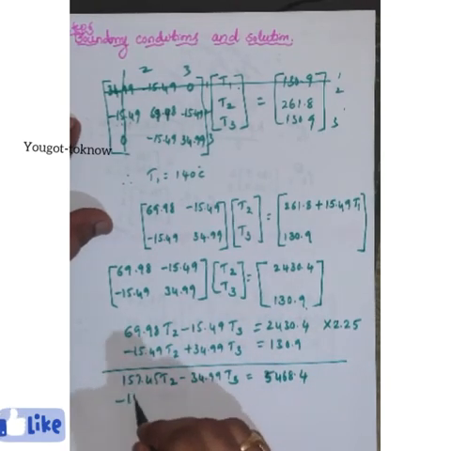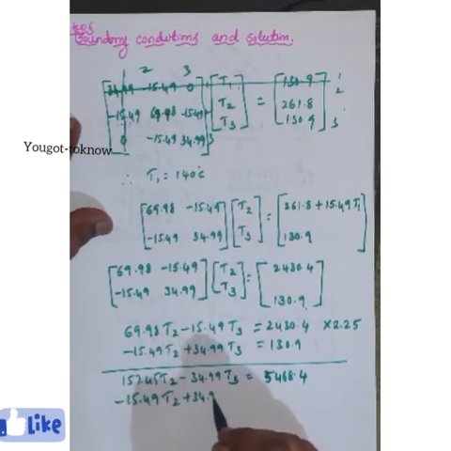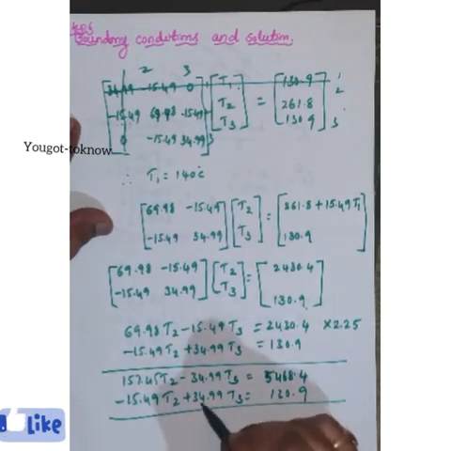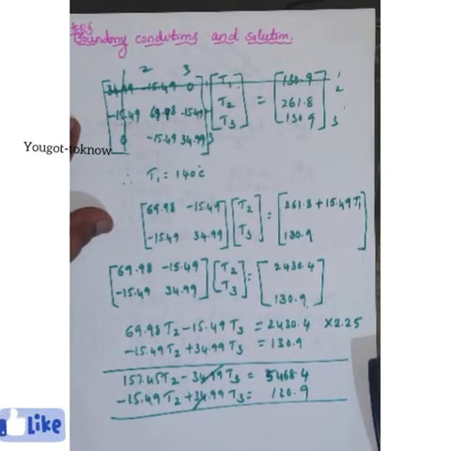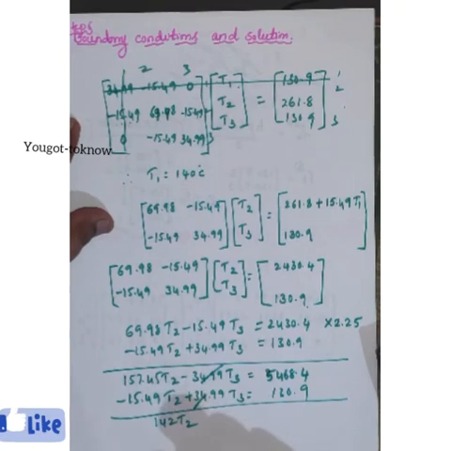Now this equation as it is, you write it: minus 15.49 T2 plus 34.99 T3 equals 130.9. Now if you solve, this and this will cancel. Now what happened? 157.45 minus 15.49 gives 141.96 T2.